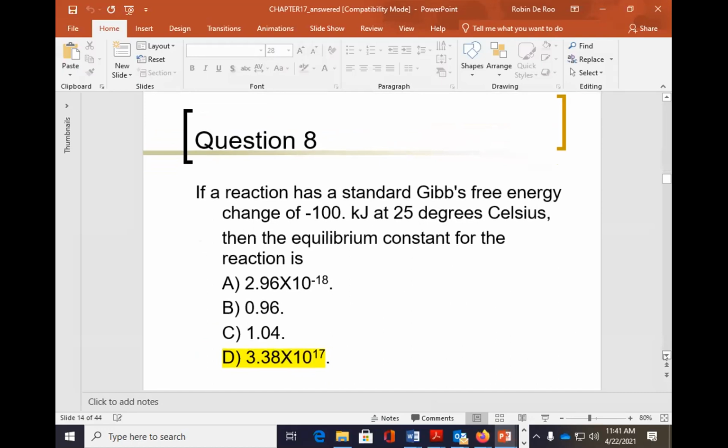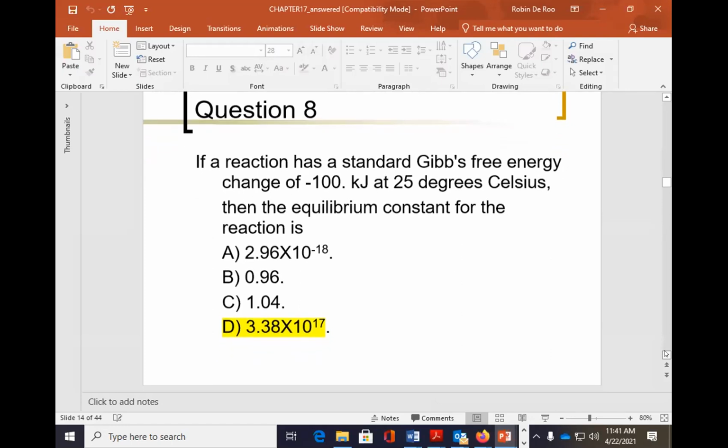Okay, this one, we have equations to work it out. So you could work out to get the number, or you could do it qualitatively by looking at the exponents. But let's go ahead and look at working it out.